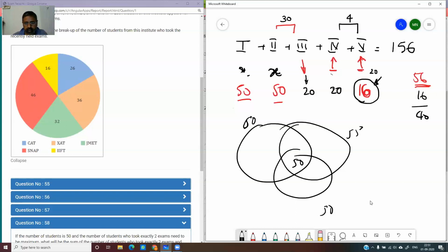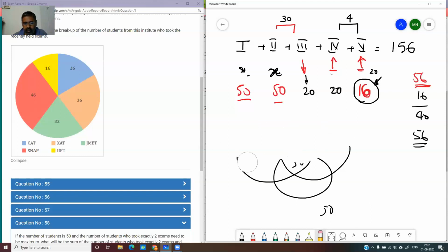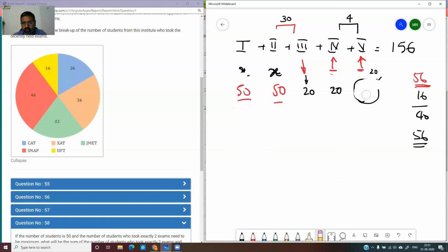If it was possible, then we could have split this 56 into 3 equal parts. Assuming let's say 19 is possible, that 20 is the maximum possible, then what will we do here? We'll take it as 19, 19, and 20. Take this as 19, 20, and 20.